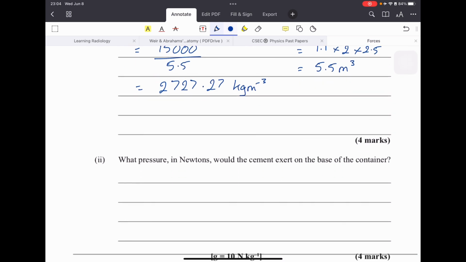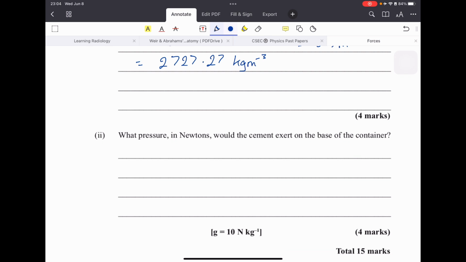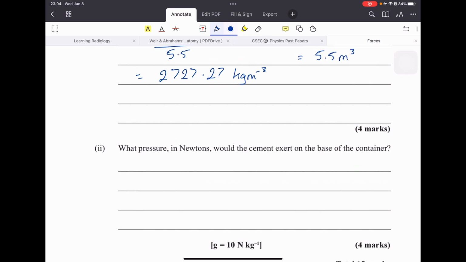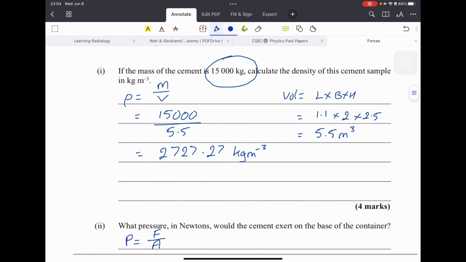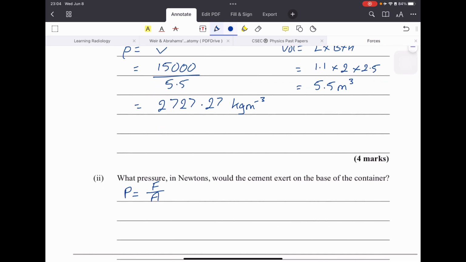What pressure in newtons would the cement exert on the base of the container? So there's another new formula. Pressure is force over area. We have the mass of the cement, but we need to find the weight of the cement. That will give us the force, right?